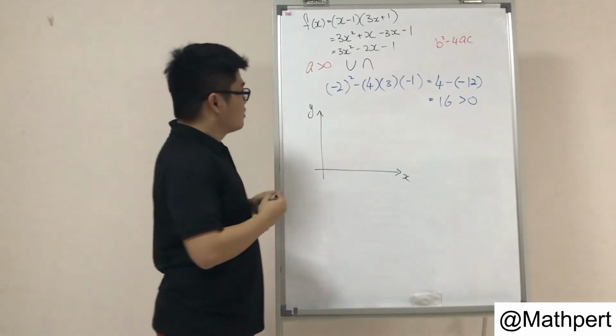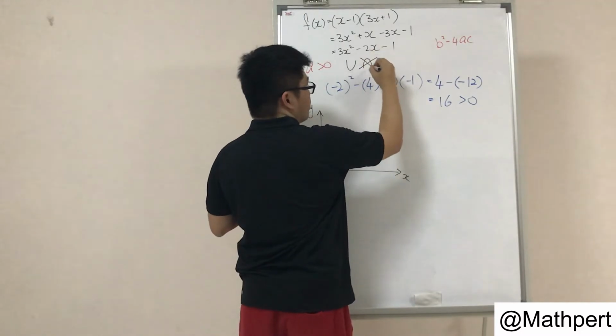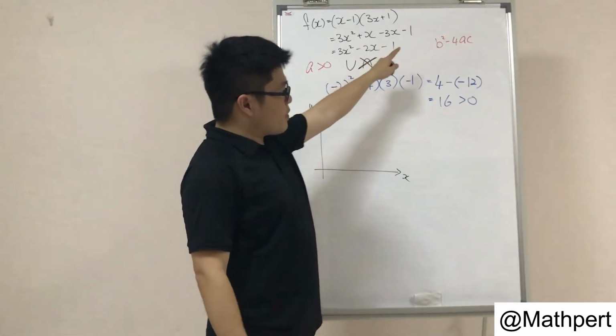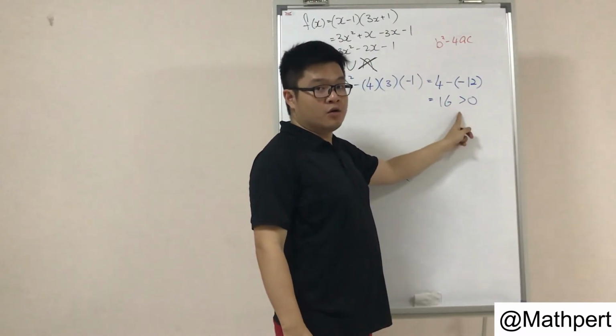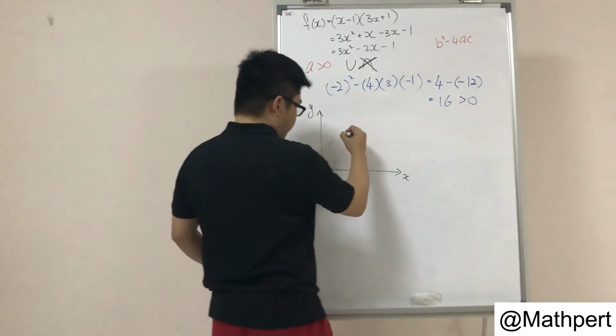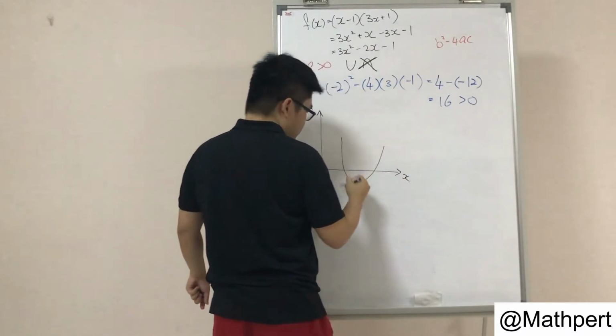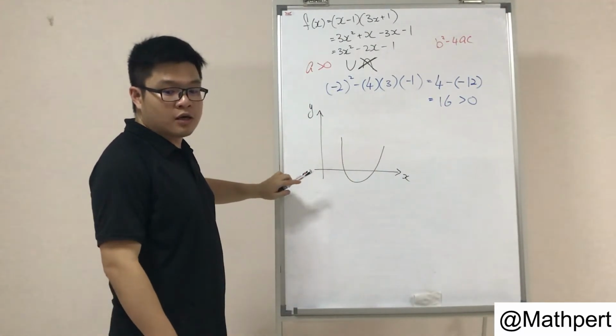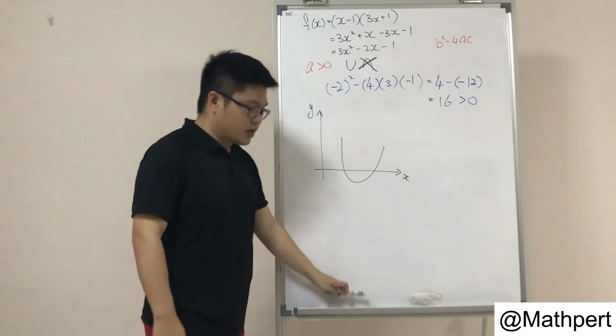Definitely the U shape, not the N shape. And when b squared minus 4ac is bigger than 0, it means they have two real and distinct roots. So this is the position of the function.